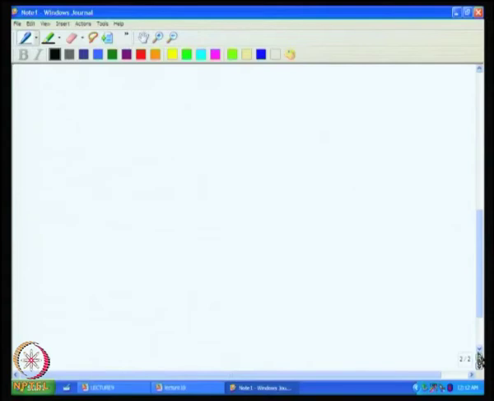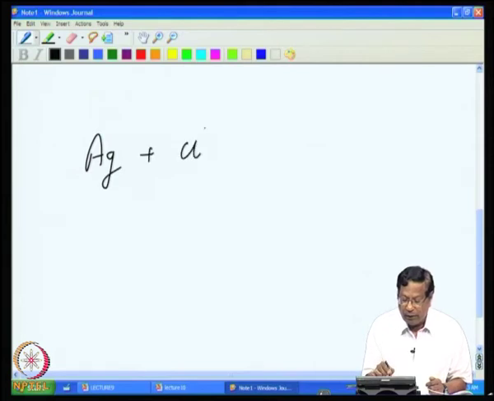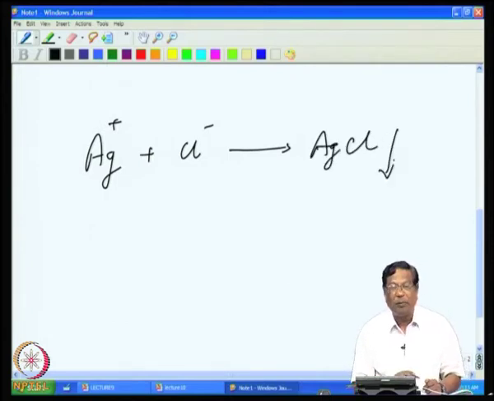Now, both these precipitates can be written very simply like this: Ag+ plus Cl- goes to AgCl, this is a precipitate.